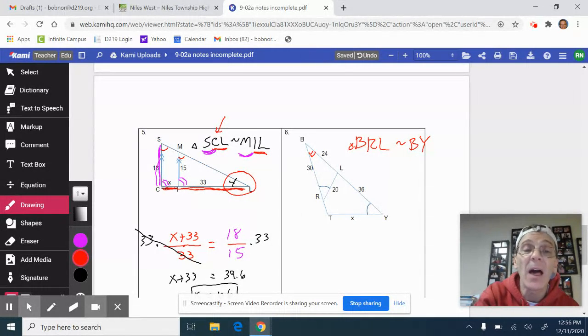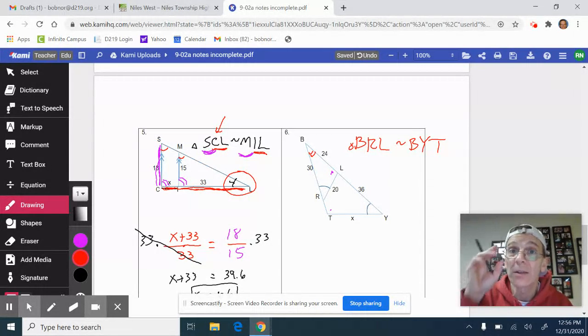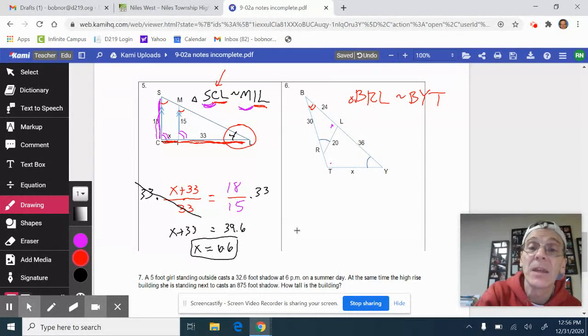And then angle L, the last one in the little triangle, must correspond to angle T, the only other angle name left for the big triangle. BRL is similar to BYT. If you don't identify the congruent angles, you don't get the names right, and you will not get the ratios right. Trust me. Okay. Now, what does the X represent? It represents TY.